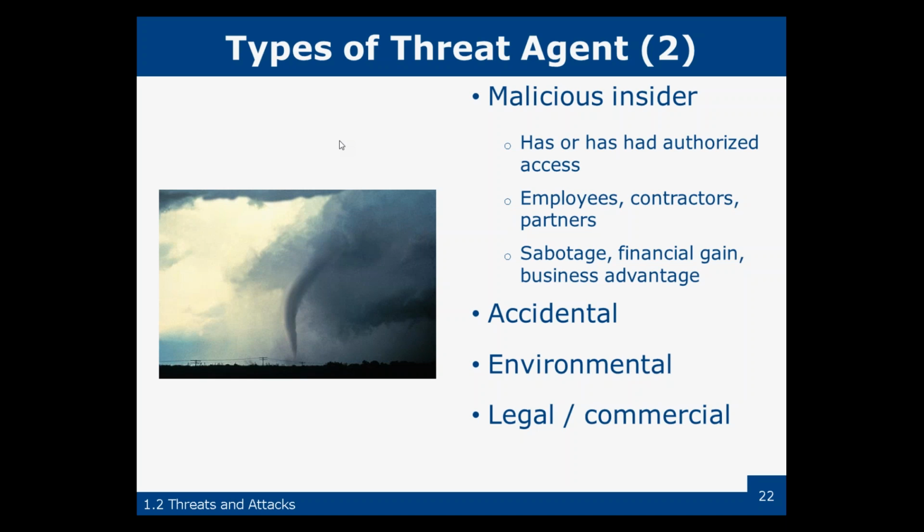An insider may have had, or has now, authorized access to a resource that they attack. These include employees, contractors, and partners. Contractors get access to the resources. Partners get access to your resources. And the purpose may be sabotage, financial gain, or business advantage, different motivations for what they do.